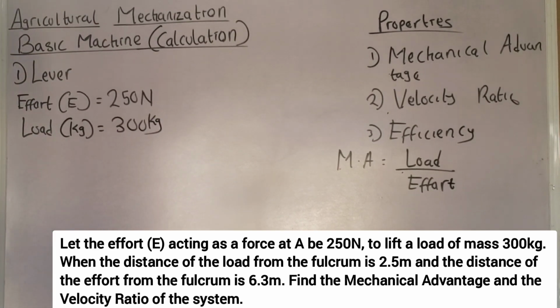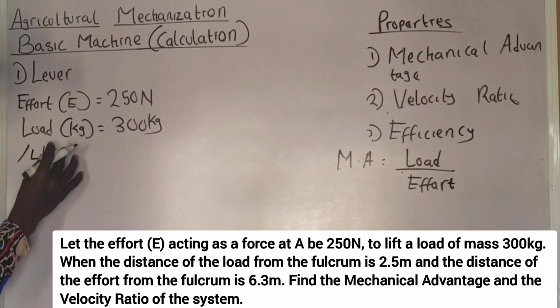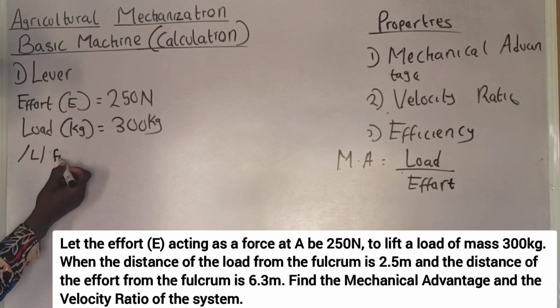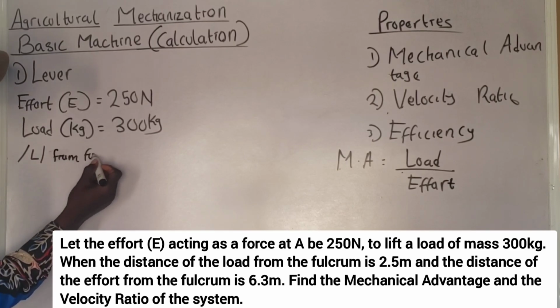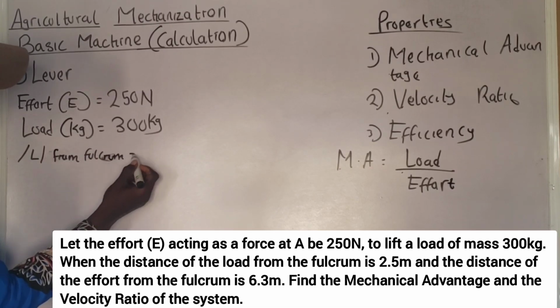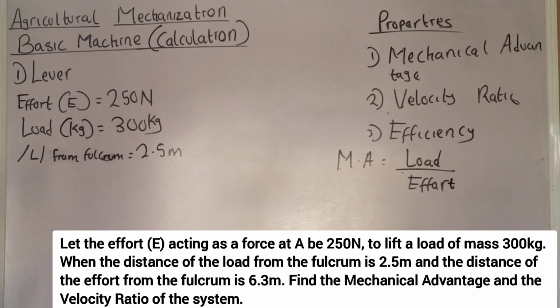Okay. Now, the distance of the load from the fulcrum is 2.5 meter. Distance of the load from the fulcrum equals to what? 2.5 meter. I explained that pivot is also known as the fulcrum.